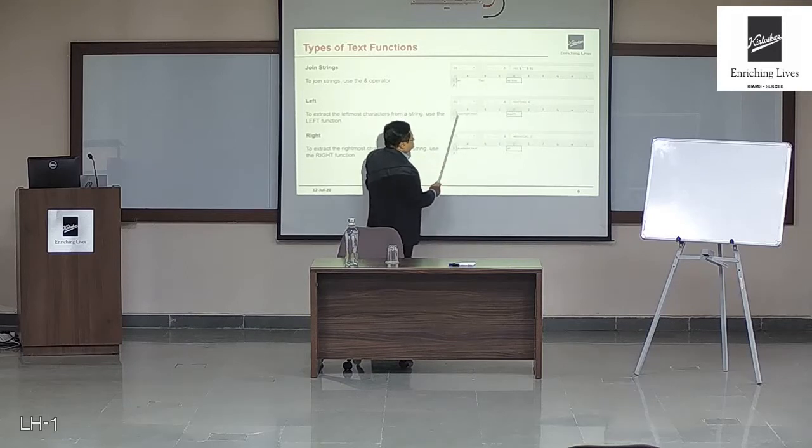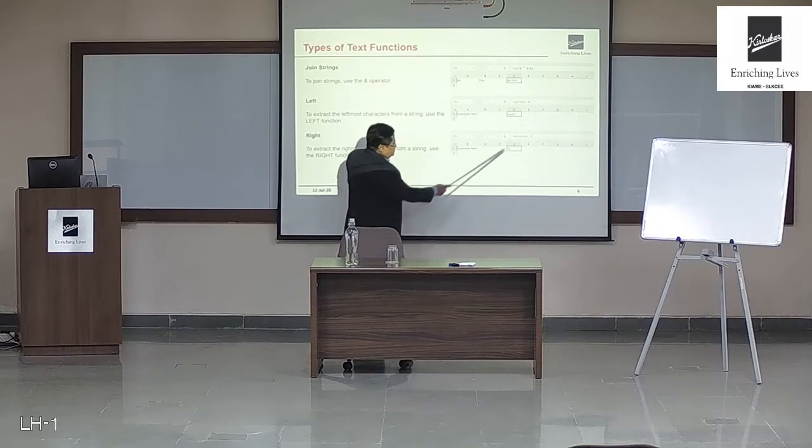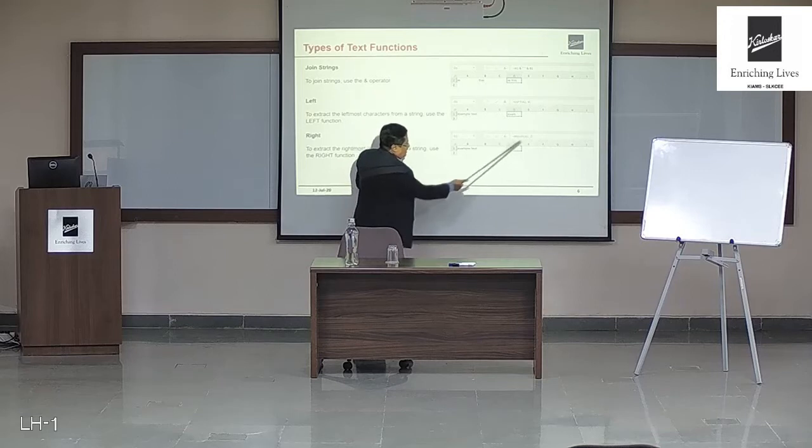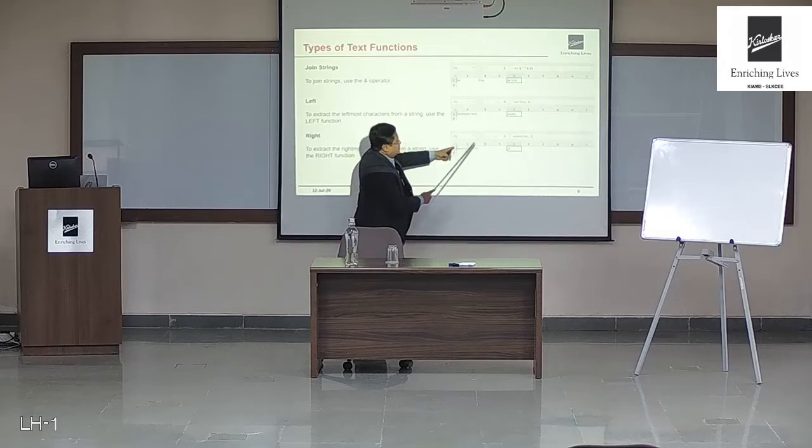If you see this, EXAM is the value that has come here. RIGHT(A1,2): A1 is the cell address and only 2 characters. So what are the last 2 characters of this string? A set of characters entered in an Excel cell is called a string. If you take the last 2 characters, it is LE.